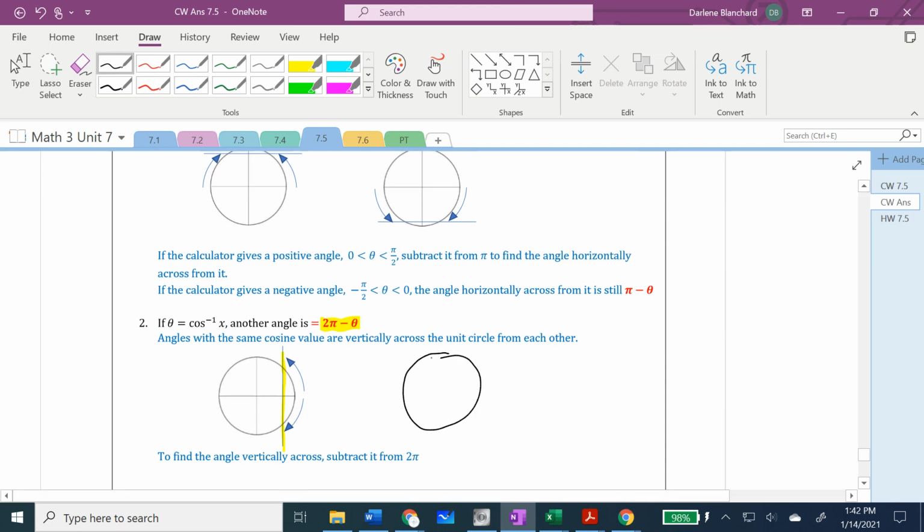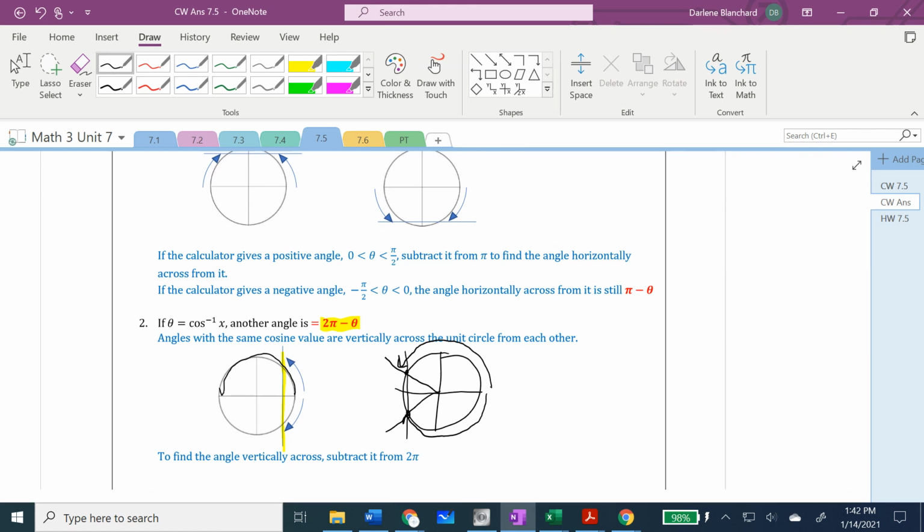The only answers you're able to get out of inverse cosine are somewhere from 0 to 2 pi. If you have an angle that goes out, say this far right here, if you subtract that same amount from 2 pi, that will get you to the same vertical position of the angle. So that's your second formula.